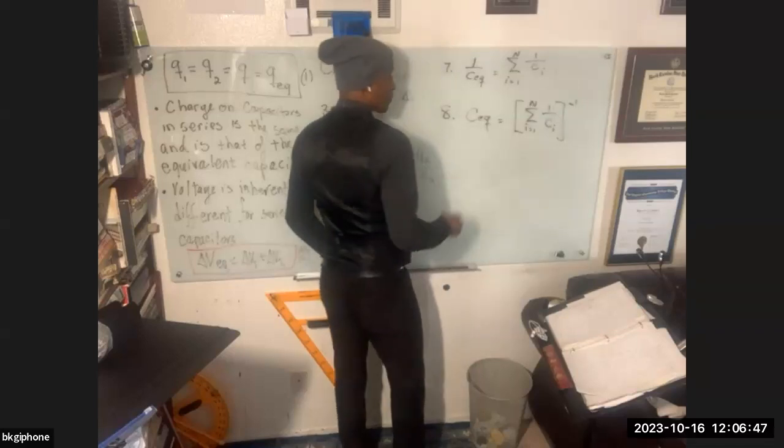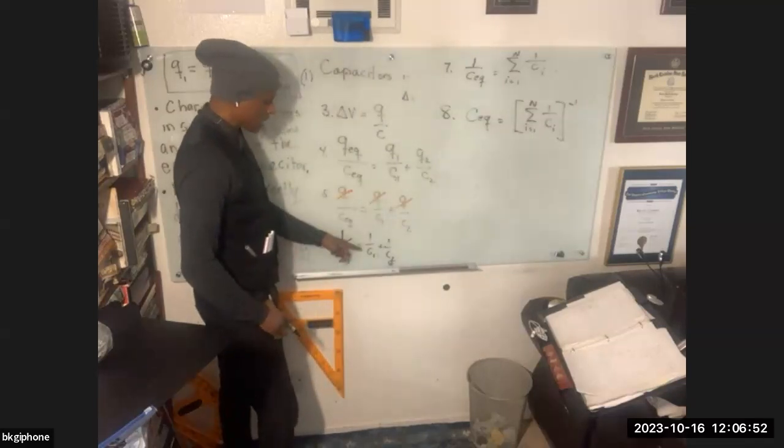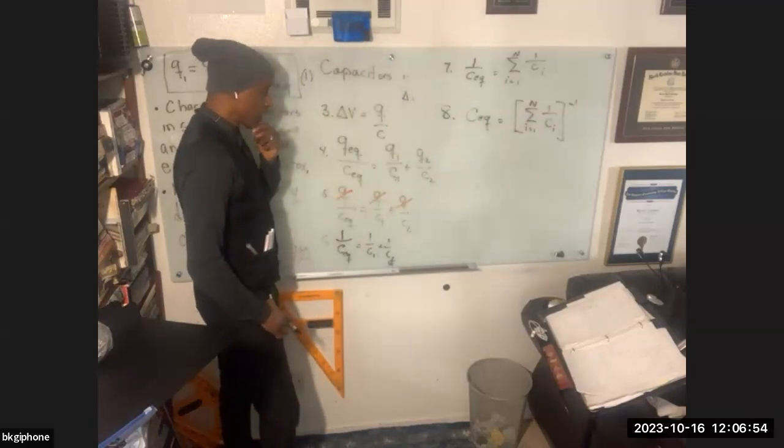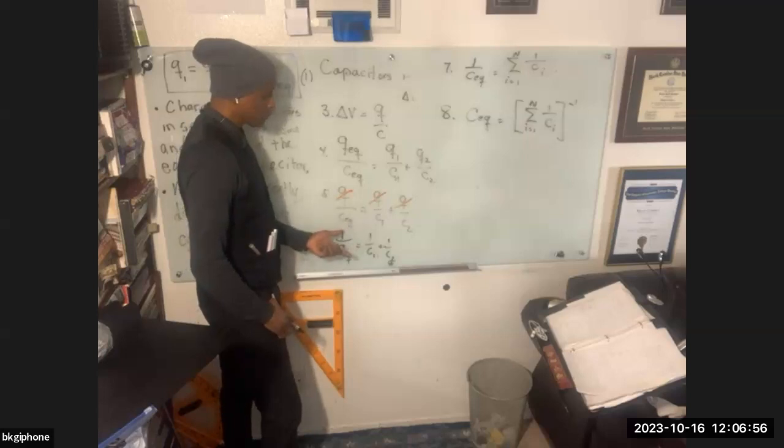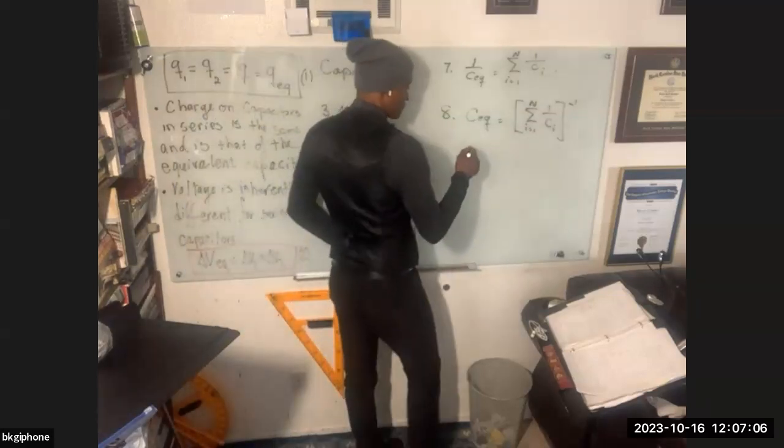Well, I guess technically the reciprocal capacitance adds reciprocally. So what we would say is that if we take the inverse of that, then the capacitance is the reciprocal of the sum of the reciprocals. Kind of confusing, but that is what it is.